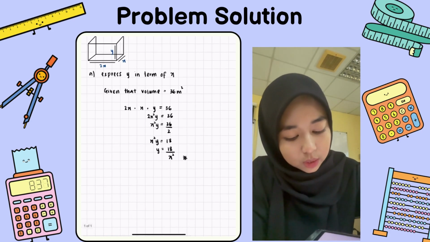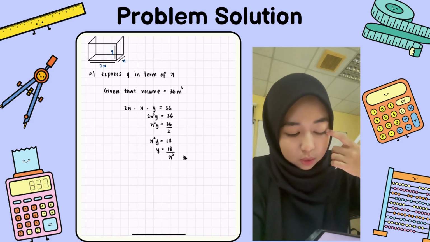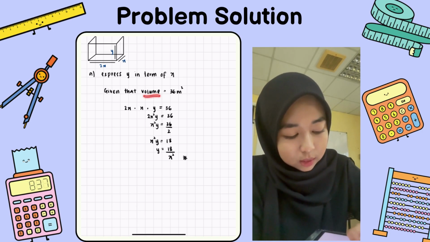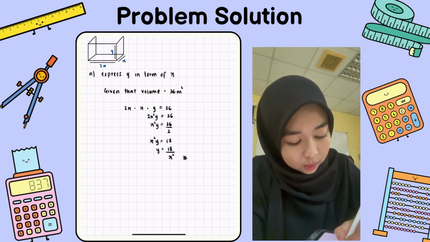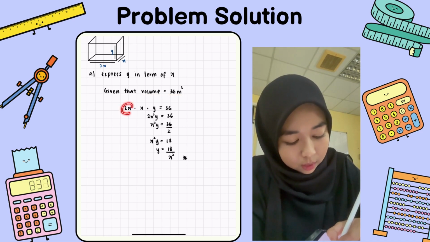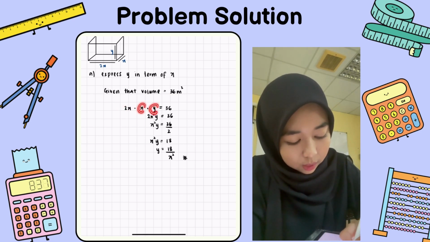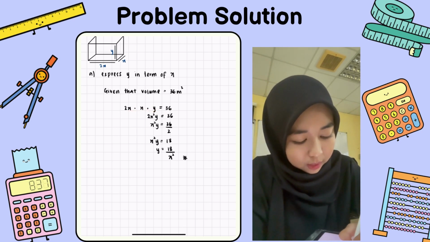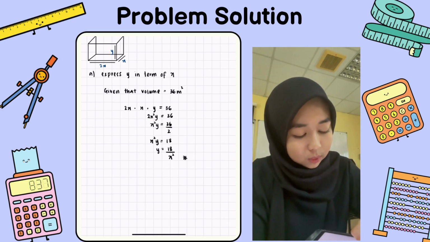So to solve this question, express y in terms of x. We just do the volume formula because it's given that the volume is 36 meter cube. We just multiply the length, the width, and the height, and it equals 36. We multiply this, we get 2x squared y equals 36.